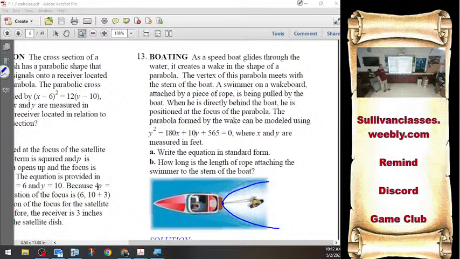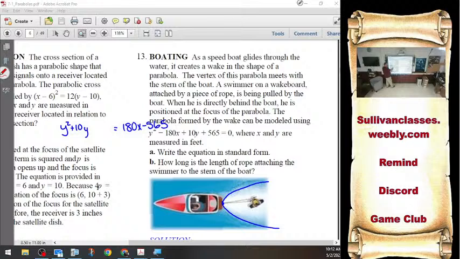In order to do that, I need to put stuff that is squared and associated with it on one side, everything else on the other. So since y is the thing that's squared, I'm going to put the y squared and the plus 10y on this side. I'm going to move everything else to the other side. 180x minus 565. I'm going to complete the square.